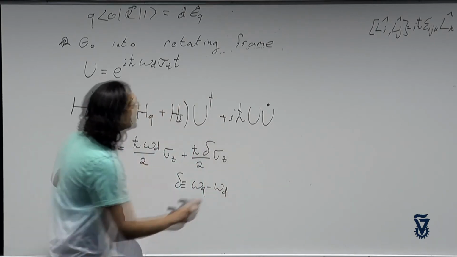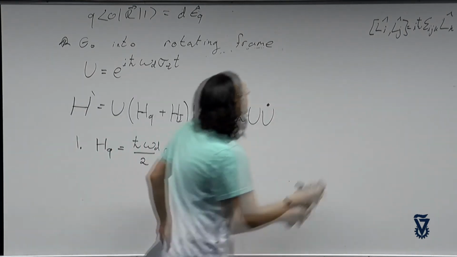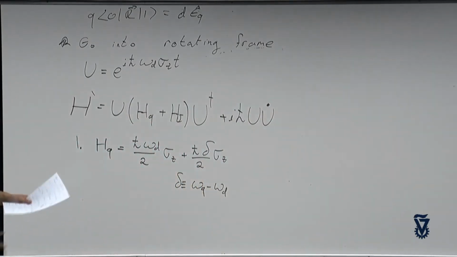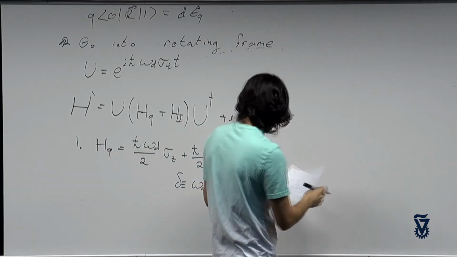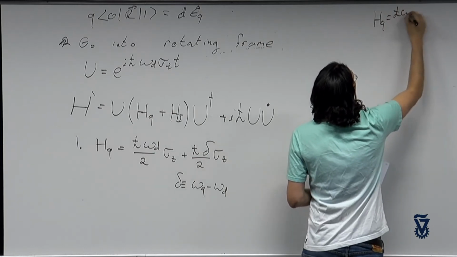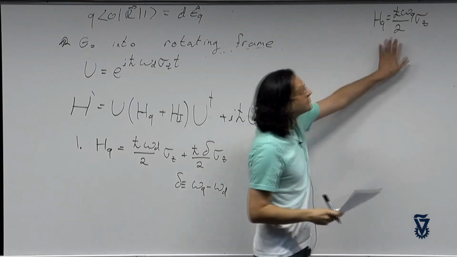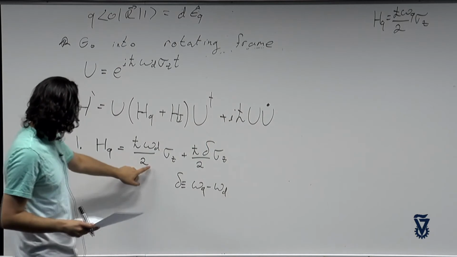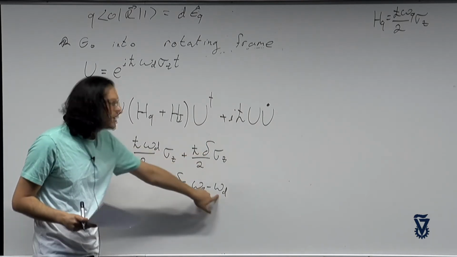Now, just to remind you, I'll write it up here so you can follow. Remember, H_Q was h bar omega q over 2 sigma z. Okay, so this thing I've rewritten like this. It's basically omega d plus the difference of omega q and omega d.